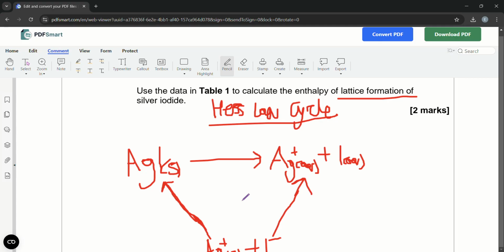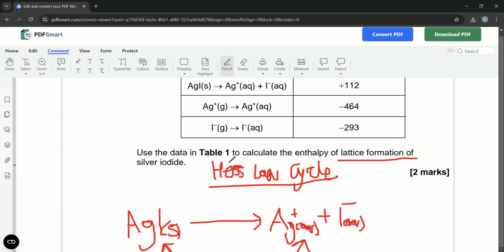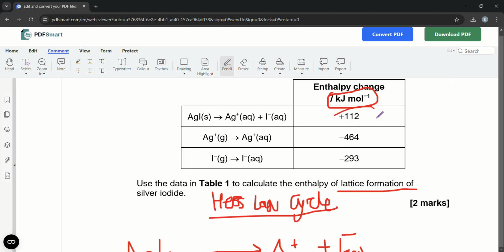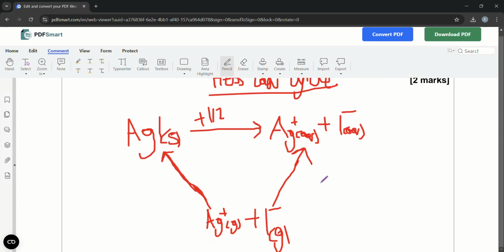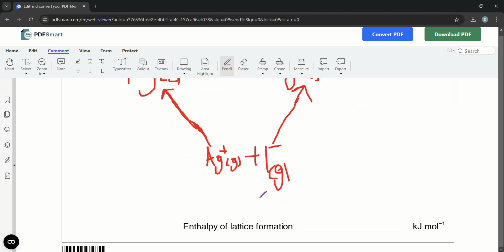You're going from silver iodide solid to its ions in aqueous, and we know the ions are in the gaseous state. It takes 112 plus 12 to go from silver iodide solid to its ions in aqueous, and to go from gaseous to aqueous for silver is minus 464.